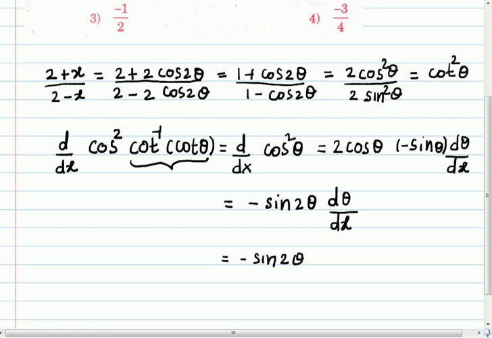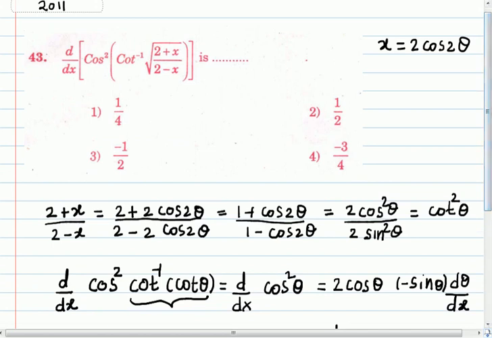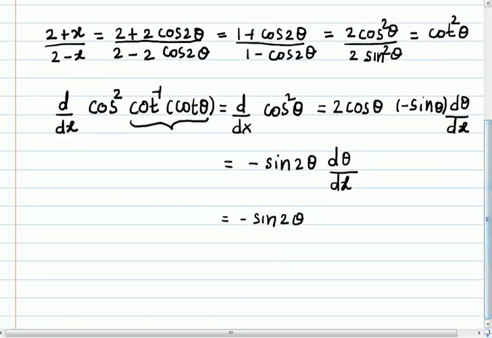Now question is how to find d theta by dx. To find d theta by dx, let me use this function. Let us differentiate with respect to theta. What is dx by d theta? Is equal to minus 2 sin 2 theta into 2, that becomes minus 4 sin 2 theta.